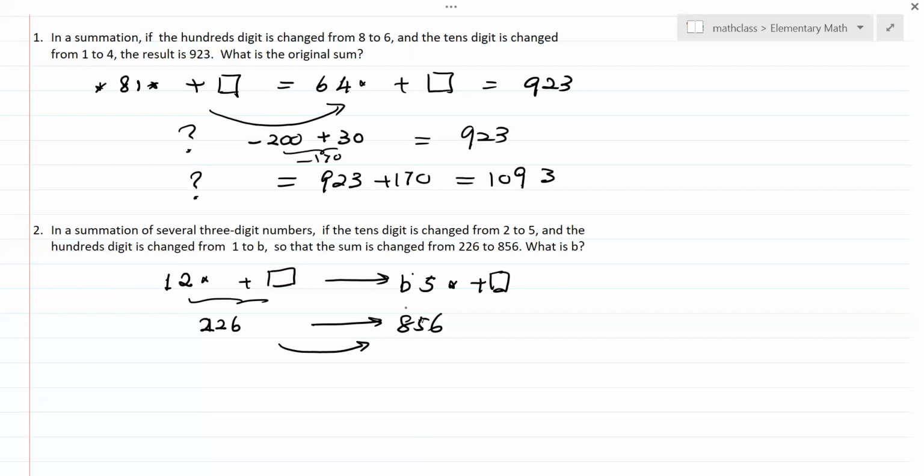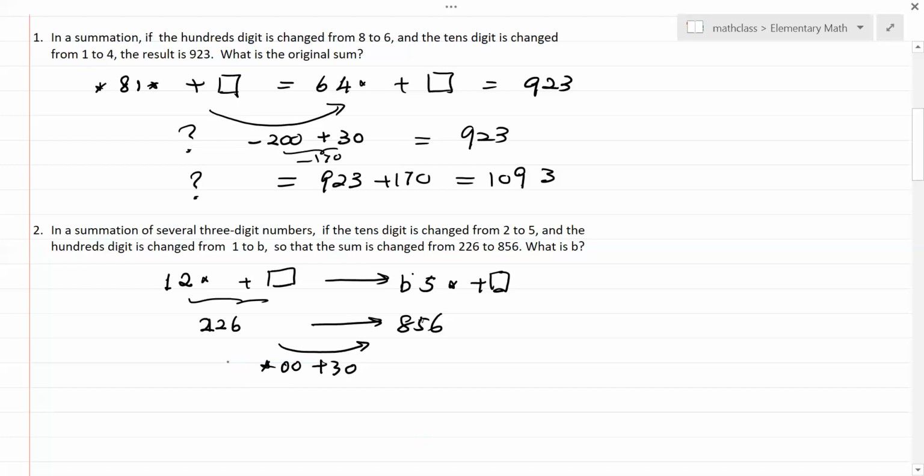From 2 to 5 in the 10th digit, it increased by 30. You have to add 30. But from 1 to B, you will have to increase some number of hundreds. You have to figure out how many hundreds you have to add.